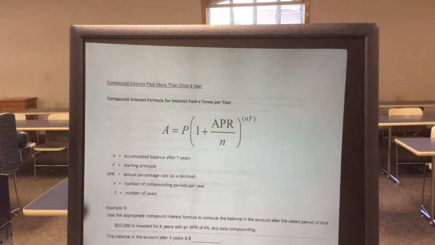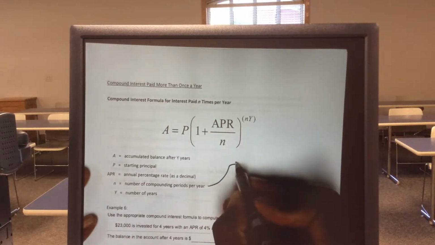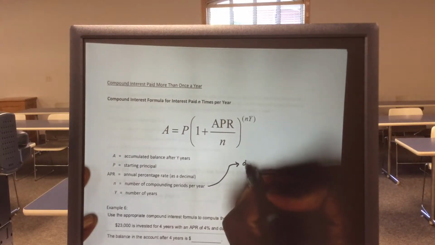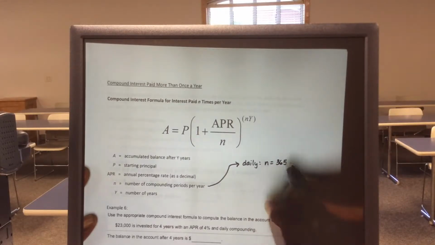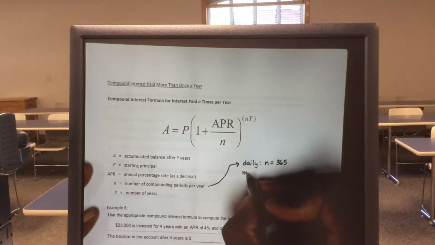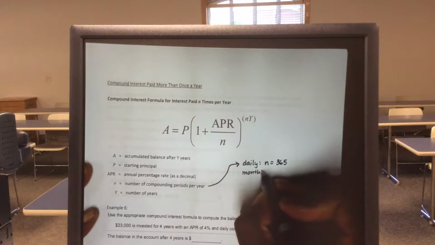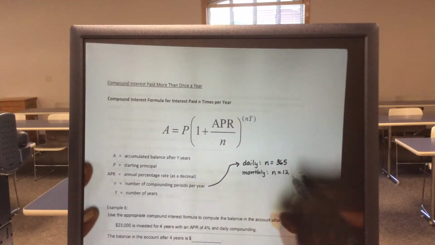Now, let me explain the number of compoundings in a year. If it is compounded daily, that means there are 365 days in a year. N is 365. If it's monthly, that means N is going to be equal to 12.